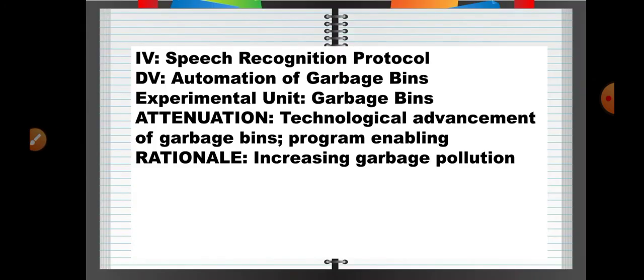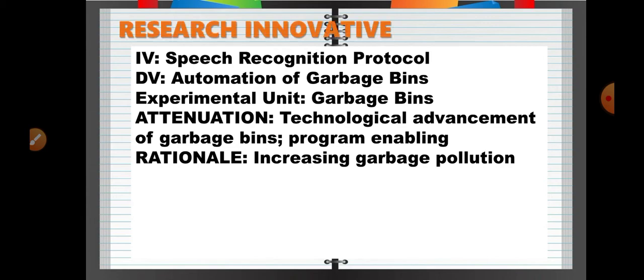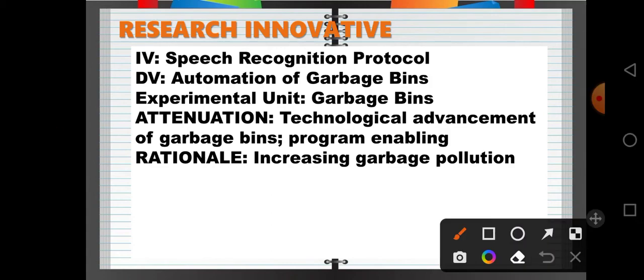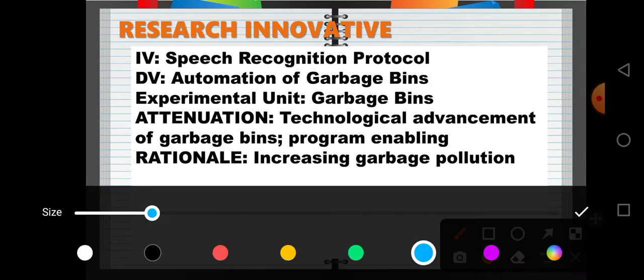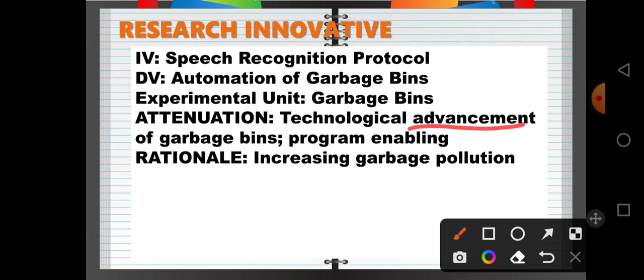And our last example, we have speech recognition protocol or SPR for our independent variable. Then dependent variable is the automation of garbage bins. And then experimental unit, we have garbage bins. Attenuation process, technological advancement. Take note of the key term advancement, meaning there's also an innovation. Then program enabling of SPR.